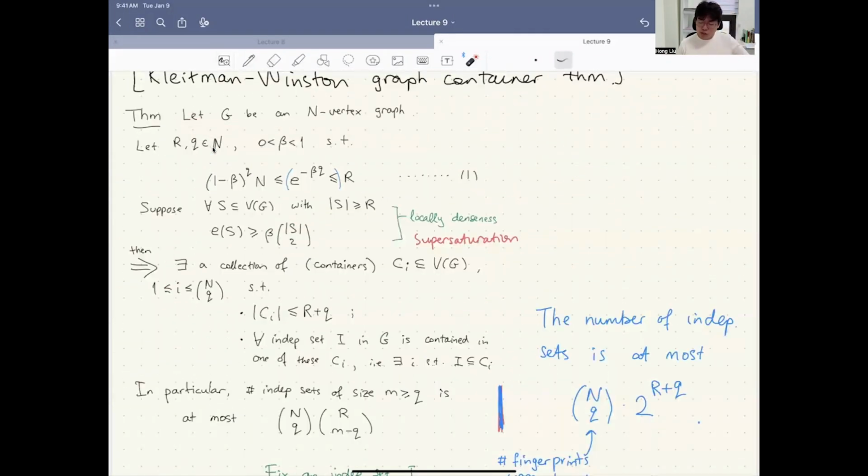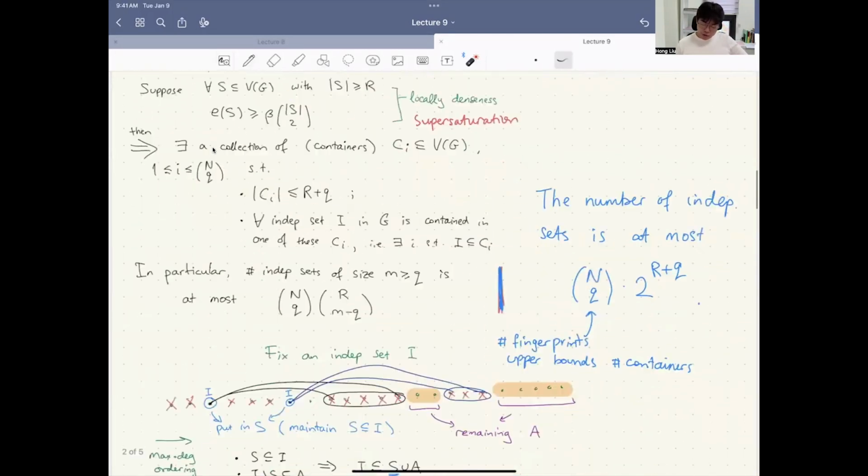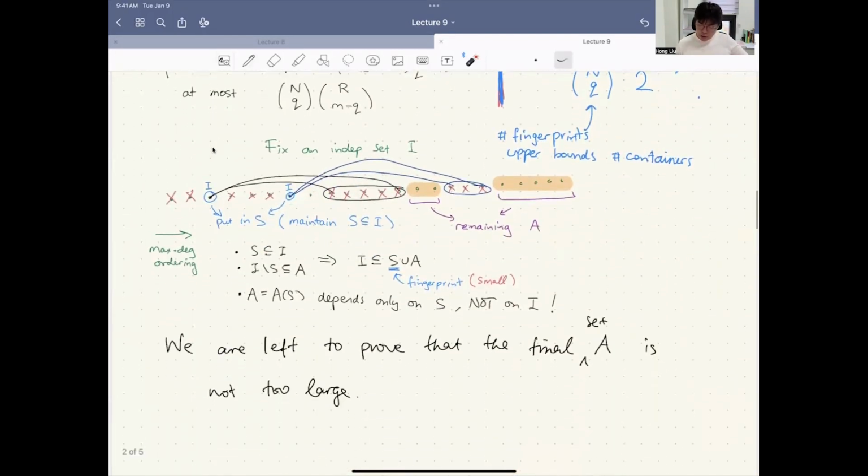We have to choose some r, q, beta so that this is true. And then we have to verify that for this beta that we chose, the Kneser graph is locally dense. Then we will get these containers. This is where the spectral method kicks in, using expander mixing.